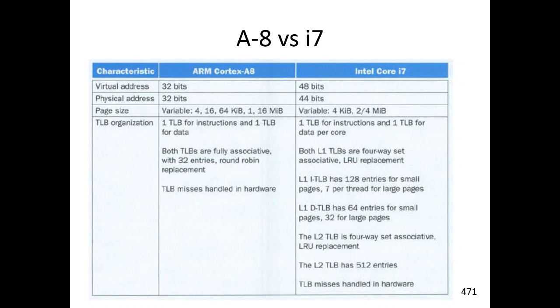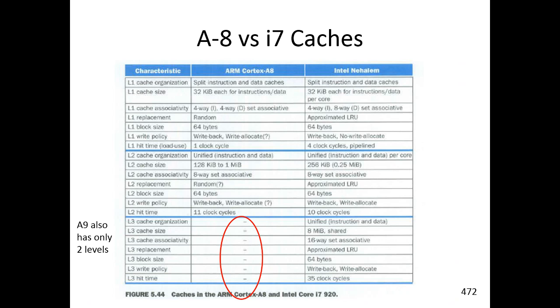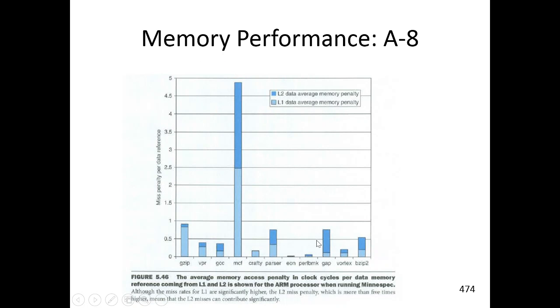Okay. Here are some trade-offs. You can pause and look at this if you'd like. For some examples, A8 versus i7. Here you can see one of them doesn't even have L3, and it explicitly says A9 only has 2 levels also.